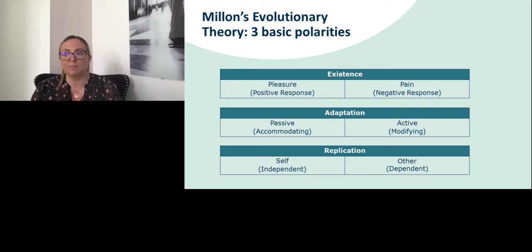The active-passive polarity looks at behaviour that we use to either maximise reward or minimise pain. So active personalities might take the initiative and interact with the environment to improve it, to achieve positive well-being and success. Whereas passive personalities, they're much more reserved and they might be more maintaining of an accommodating stance to whatever the environment offers them.